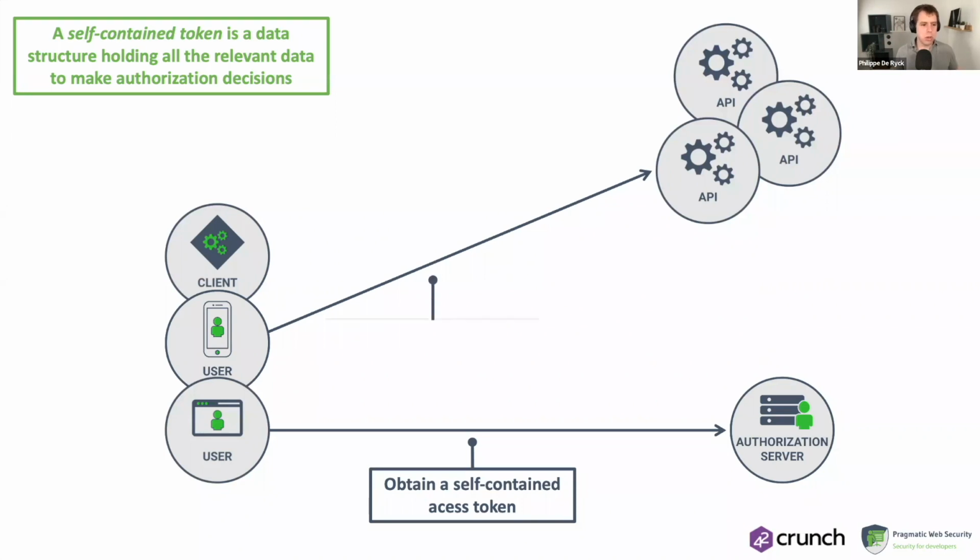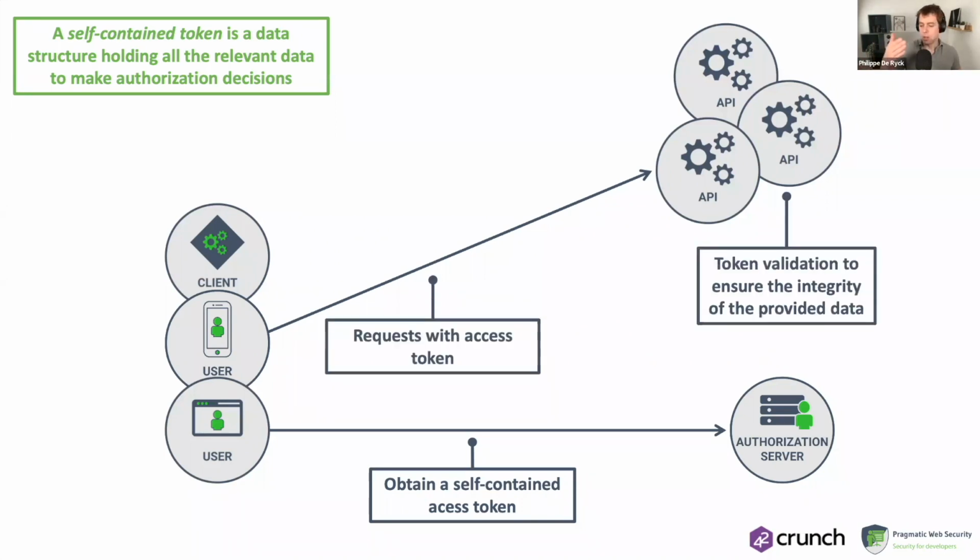So when the client makes a request with that token, the API is just going to look at that token, make sure it's valid, that it's integrity protected, and then use the information in that token to make a security decision. That's what middleware like Spring Security and ASP.NET, I think the identity layer, have support for built in, so that you can verify the integrity of a JWT, take out the permissions claim or the roles claim or whatever you're using, and then decide if something is allowed or not.